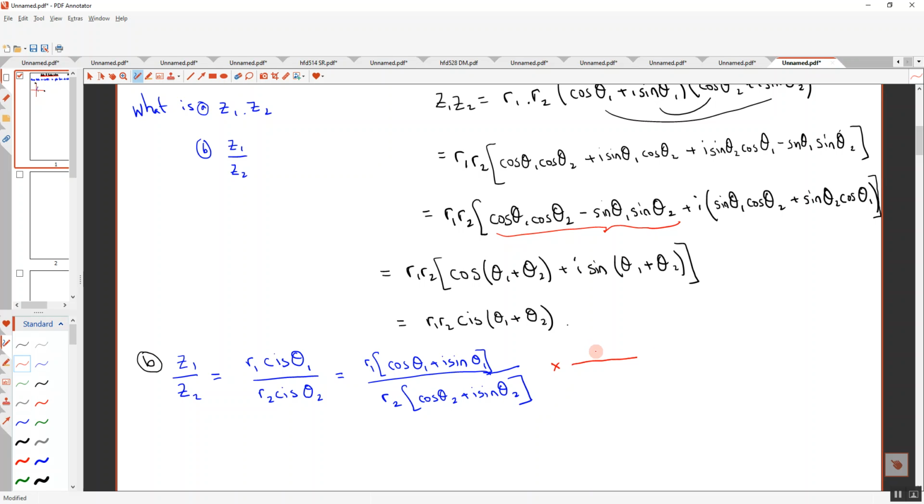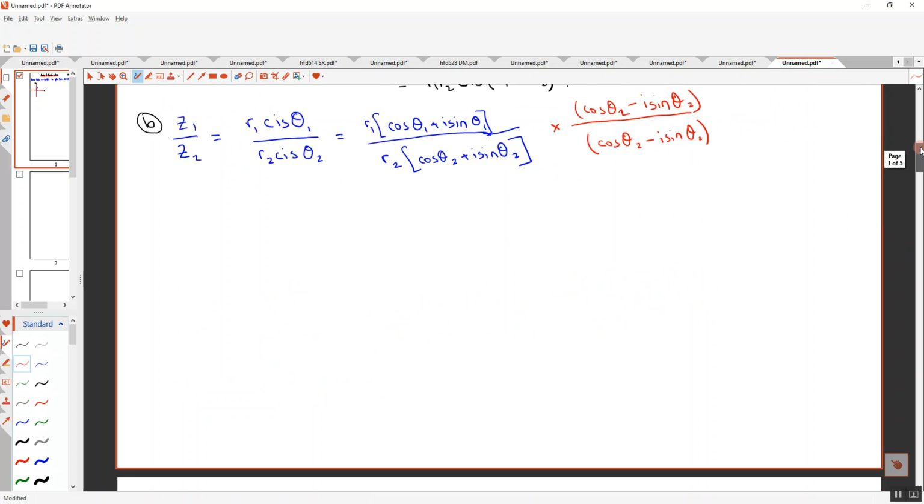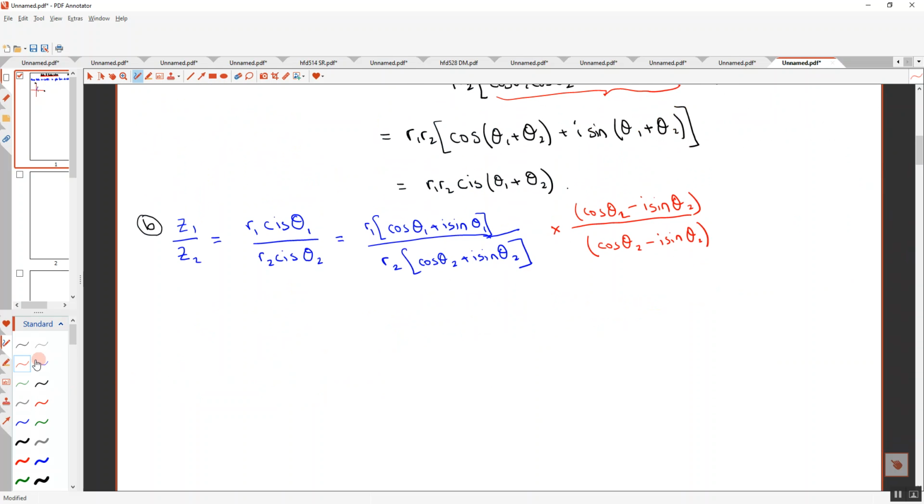Okay, so you're going to multiply by cos theta 1 minus i sine theta 1, because that's the conjugate of the thing on the bottom, sorry, and it should be 2, shouldn't it? And multiply this by it as well. So you do it exactly the same way.